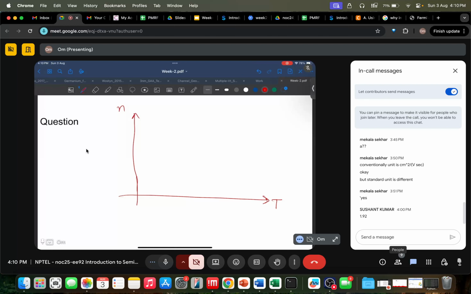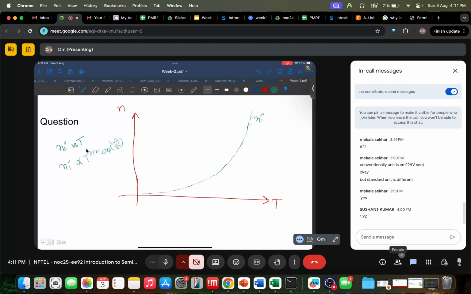If I try to draw ni versus temperature, ni is proportional to an exponential relationship, exp of minus Eg by KT. So ni will exponentially increase with temperature.